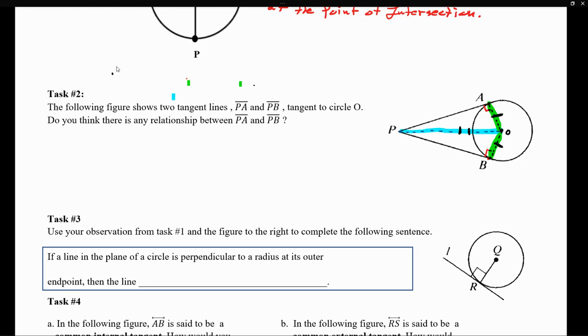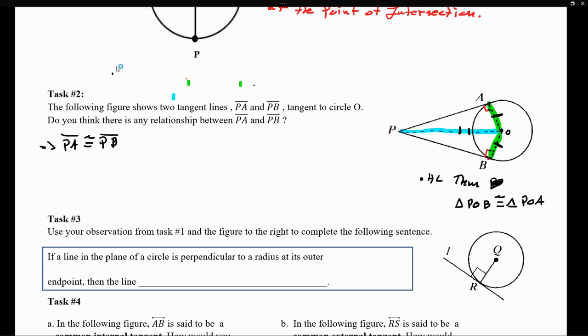Therefore, by the hypotenuse leg theorem, triangle POB is congruent to triangle POA. And therefore, PA must be congruent to PB.